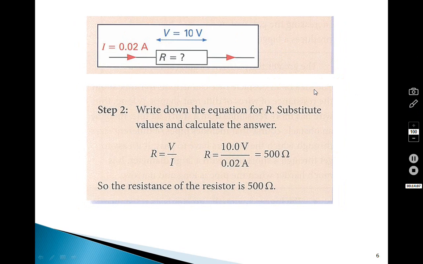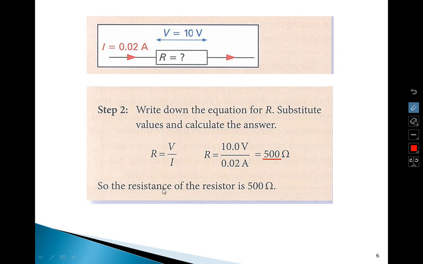Just substitute the values in the formula. Like in step 2, write down the equation for R. So R is equal to V over I. Substitute the value of V, which is 10, and the value of I, which is 0.02 A. Dividing 10 by this value is equal to 500 ohm.